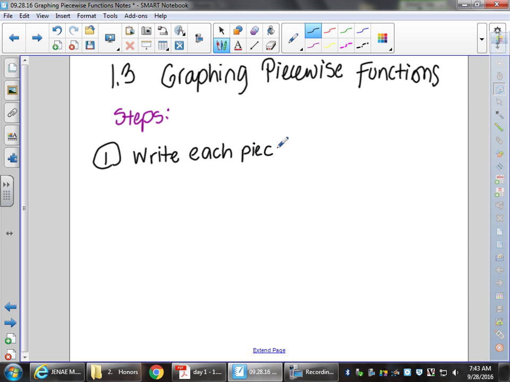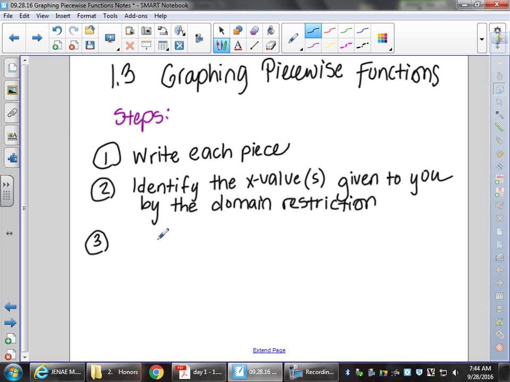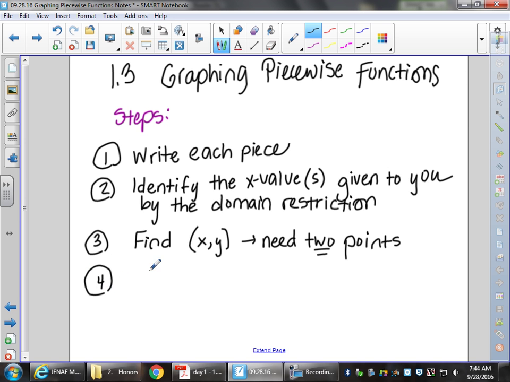Write each piece. 2, identify the X value or values, so we'll put an S at the end in parentheses, X value or values given to you by the domain restriction. Three, find the 2 points, and 4, graph.